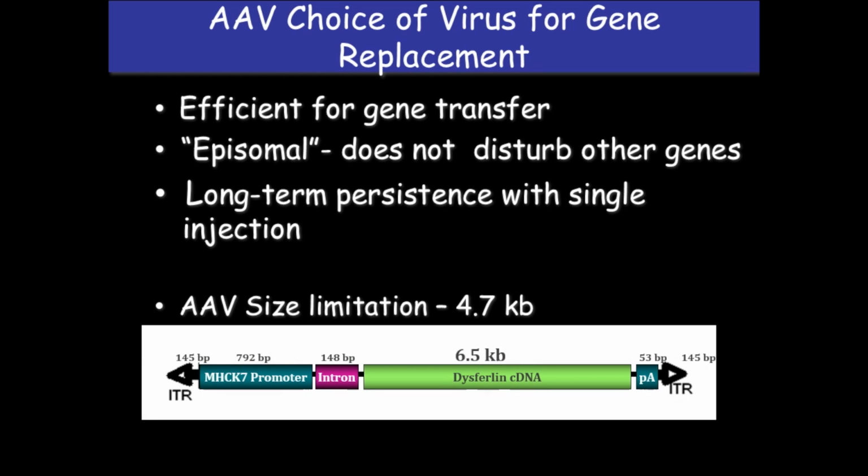Here's the dysferlin gene that we make in the lab. It's 6.5 kb. That's greater than 4.7, as I've mentioned multiple times. We're using an MHCK7 promoter, slightly different than the MCK promoter we used in the alpha-sarcoglycan trial.